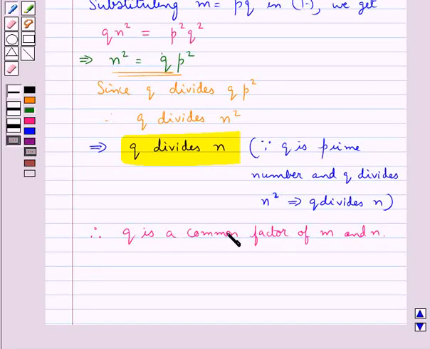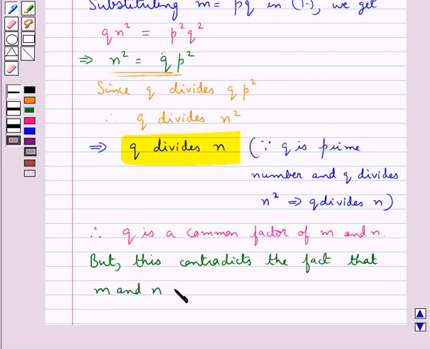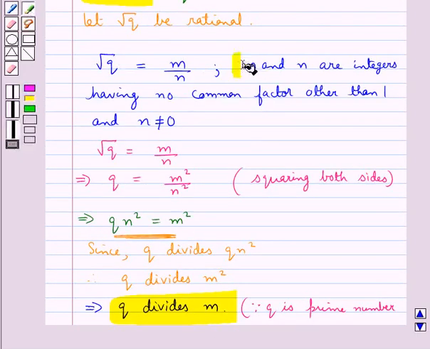But this thing that q is a common factor of m and n contradicts the fact that m and n have no common factor other than 1. Because earlier we had stated that m and n are integers having no common factor other than 1.